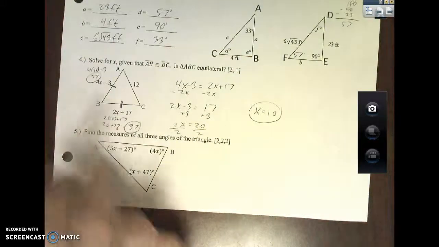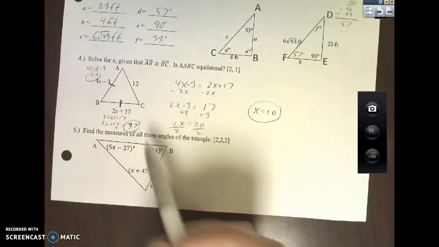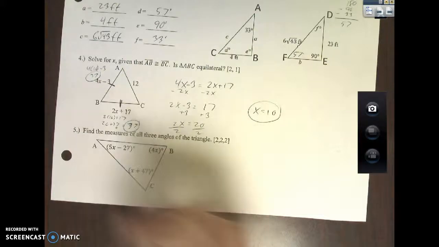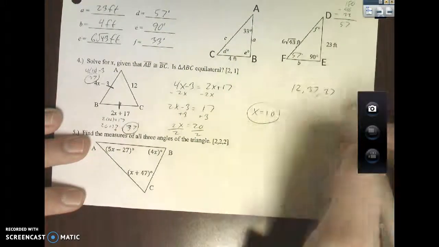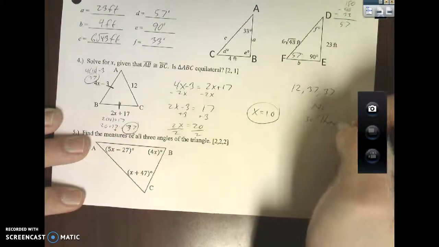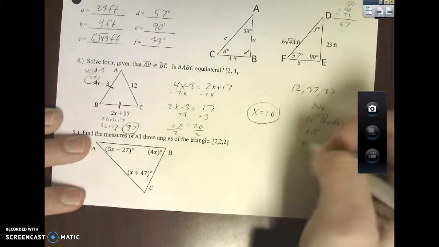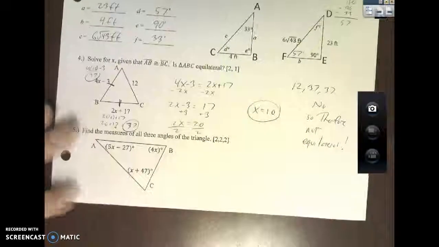So I have 37, 37, and 12. Now, do you think that is an equilateral triangle based off of these three sides? 12, 37, 37. Are all three sides the same? No. So therefore, not equilateral. Okay? Very, very good.